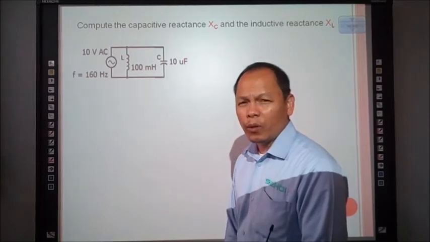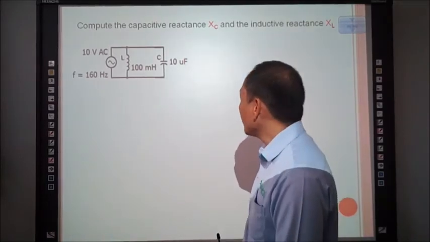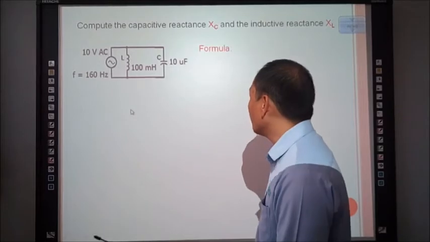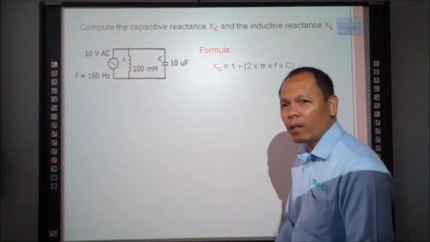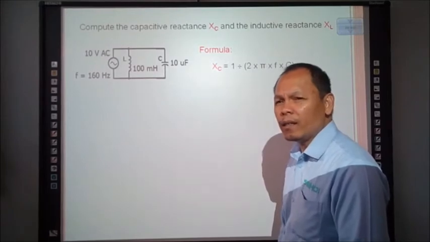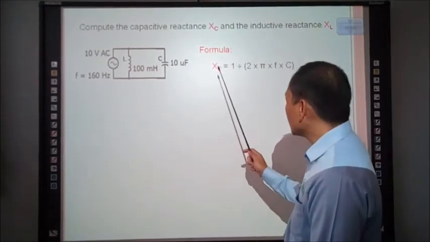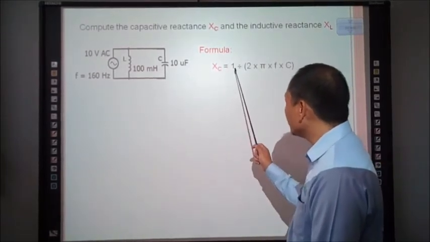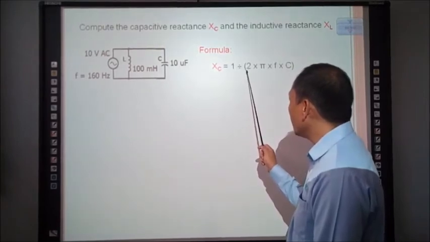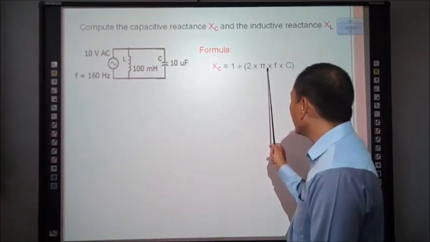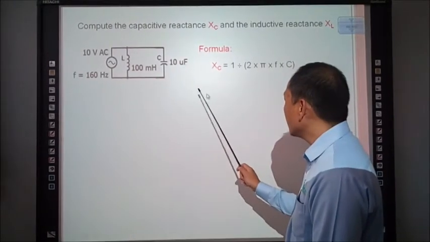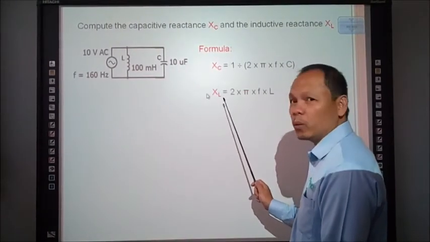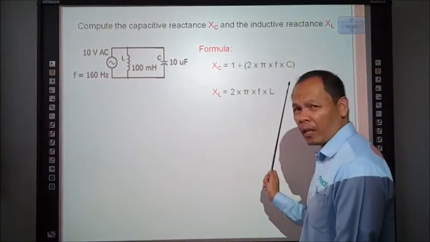To compute XC and XL, we will use the formulas. The formula of XC is the same as in series LC circuits: XC equals 1 divided by (2 times pi times F times C). The formula of XL is equal to 2 times pi times F times L.